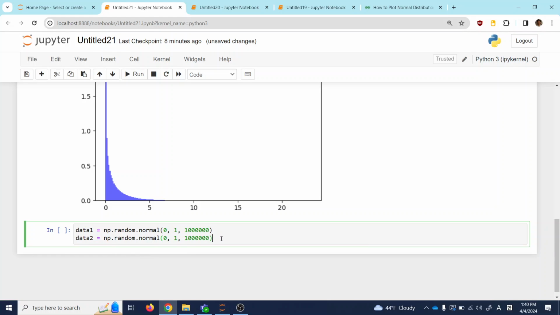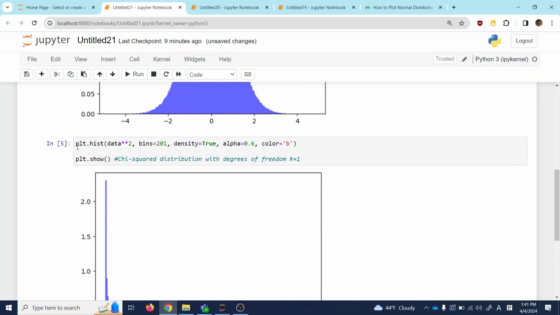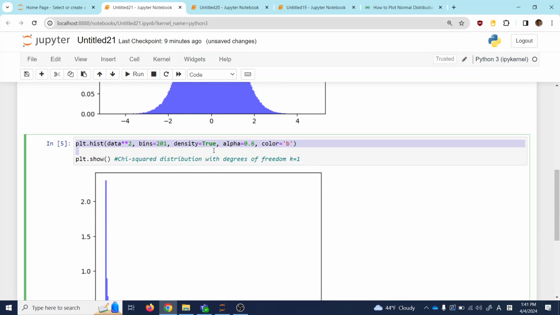So I have samples that are independently generated, randomly generated. Data 1 and data 2 do not know about each other. They're completely random and independent of each other. And then what I want to do is take the square of data 1 and the square of data 2 and add them together and draw the same kind of graph.